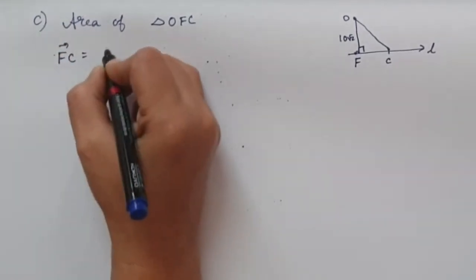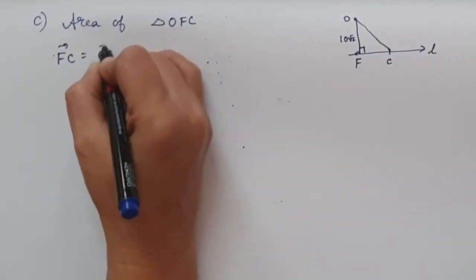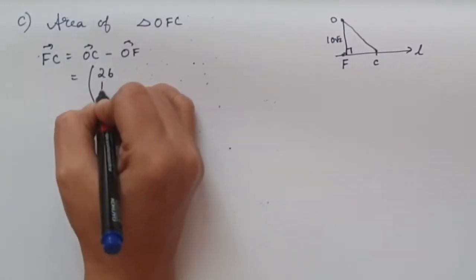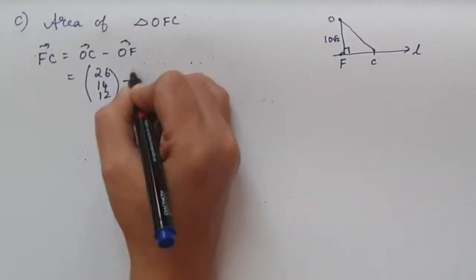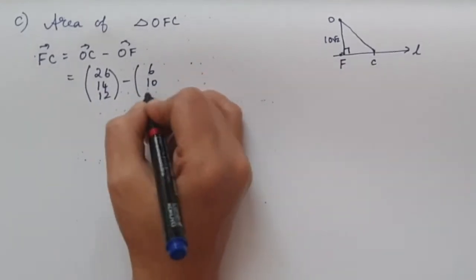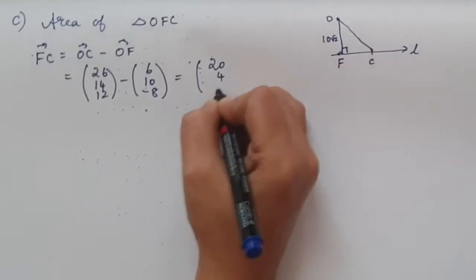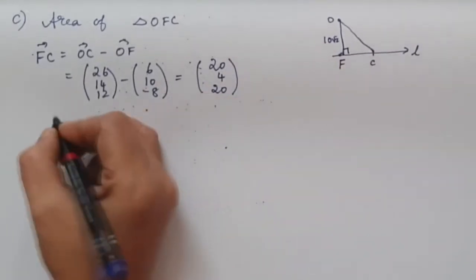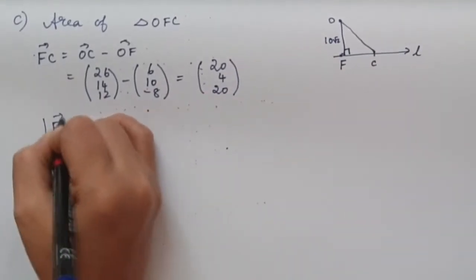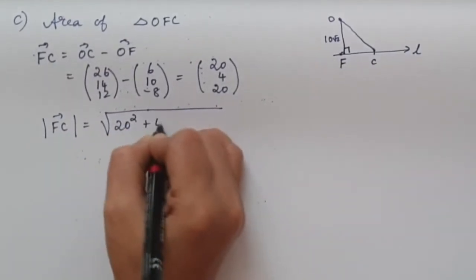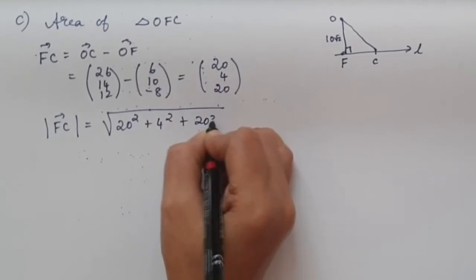Vector FC will be equal to OC minus OF. OC is 26, 14, 12 minus OF, which is 6, 10, minus 8. So when we subtract it, we get 20, 4 and 20. So now the magnitude of FC will be equal to square root of 20 squared plus 4 squared plus 20 squared.